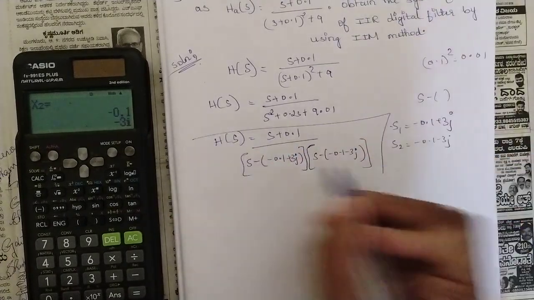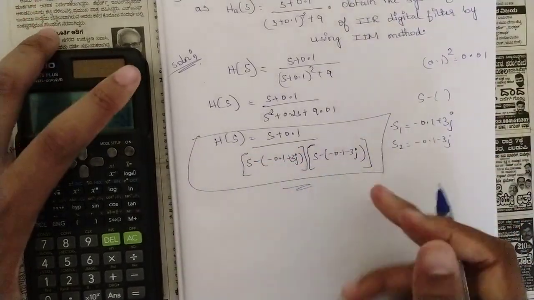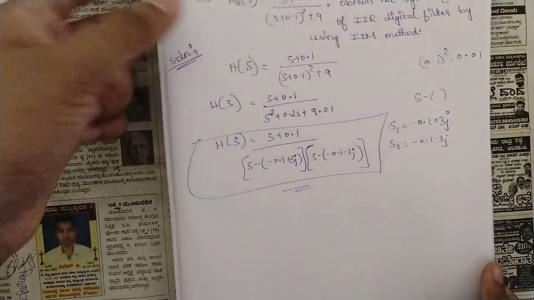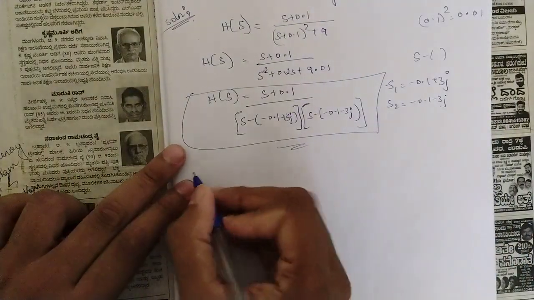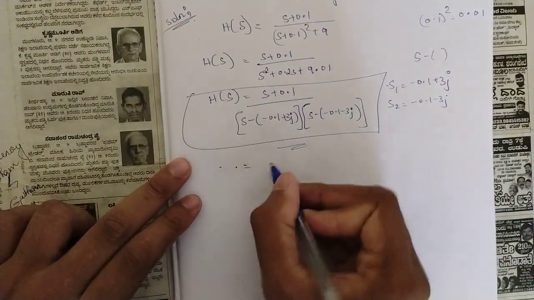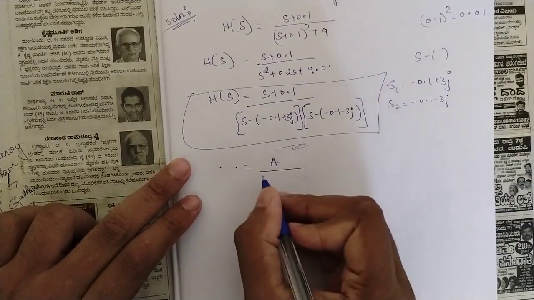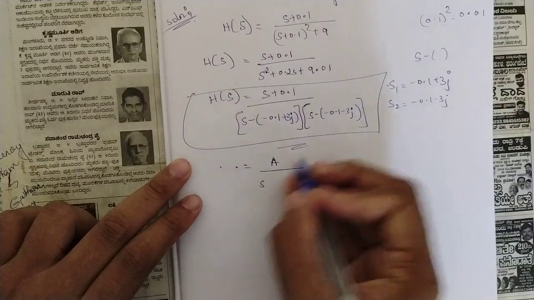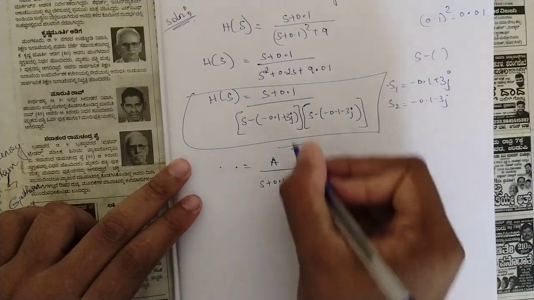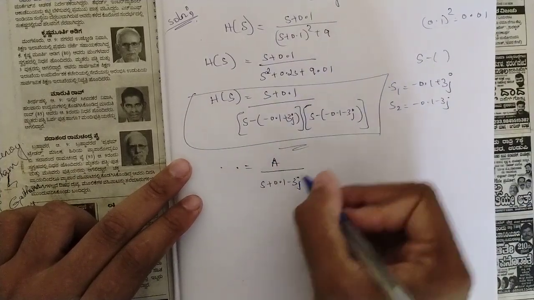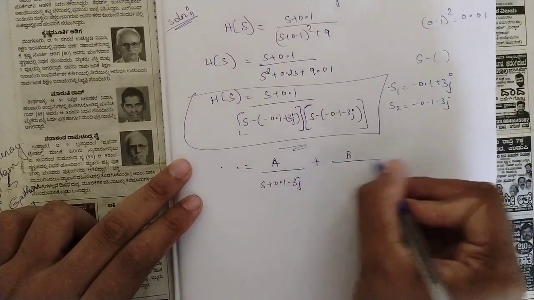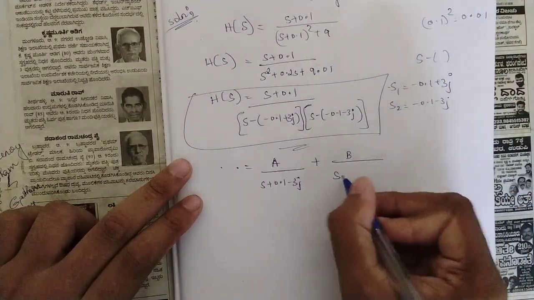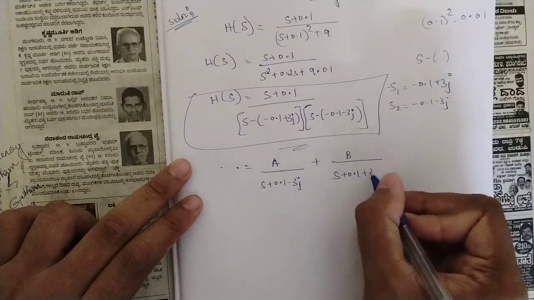So in this way I have written the h of s, so that I could solve using a partial fraction easily. Now use the partial fraction method and solve. That is, you can write it as a divided by s, minus is plus, so s plus 0.1 minus 3j, plus b divided by s plus 0.1 plus 3j.